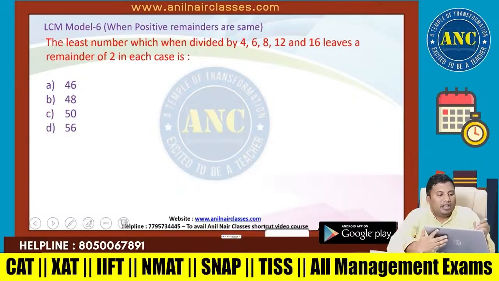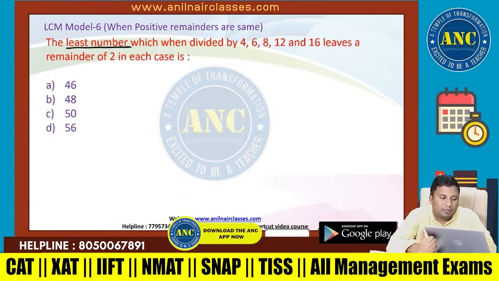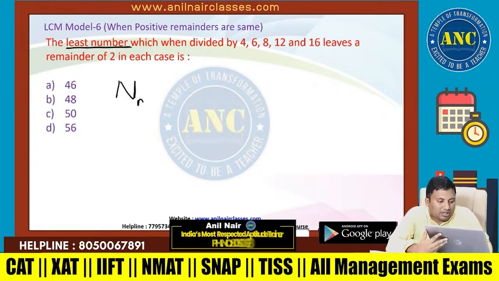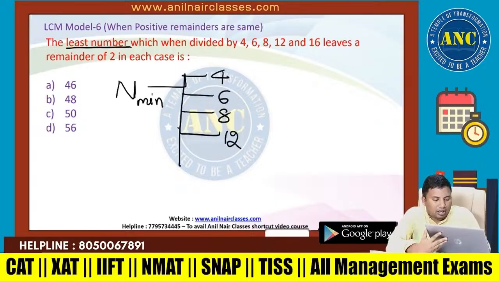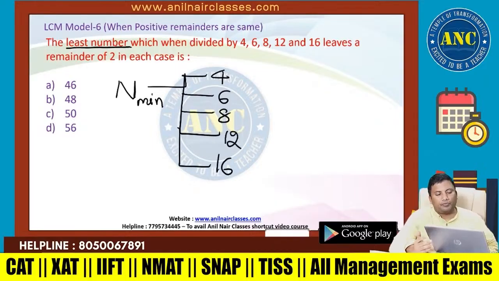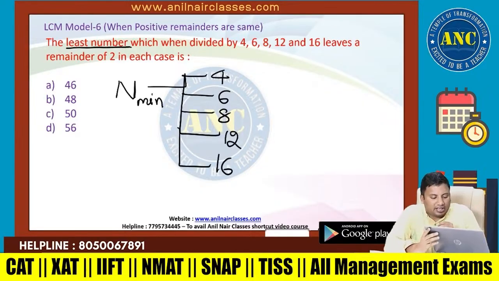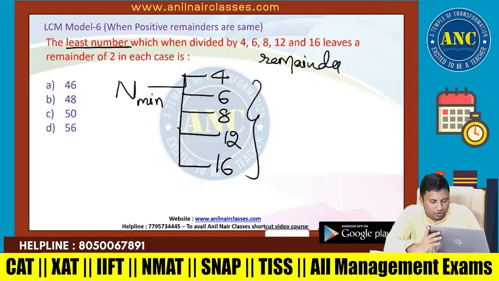Question. The least number, the minimum number, that is divided by 4, 6, 8, 12 and 16 gives a remainder 2 in all the cases.